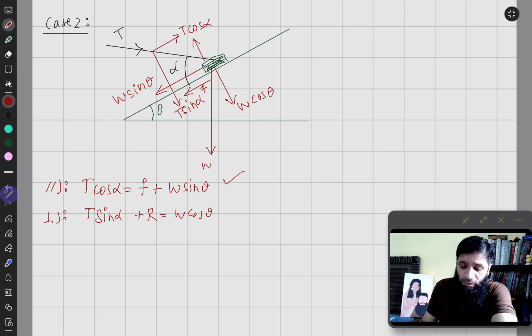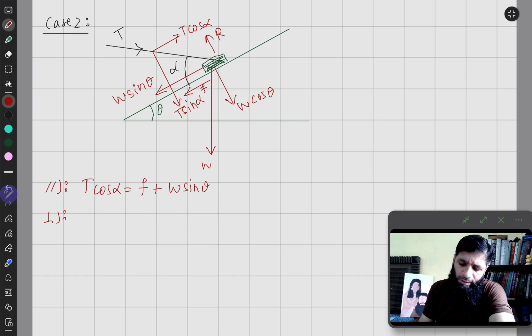But if you talk about the vertical components, R will be in upward direction, and W cos theta will be in the downward direction.